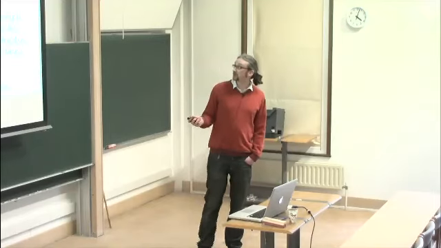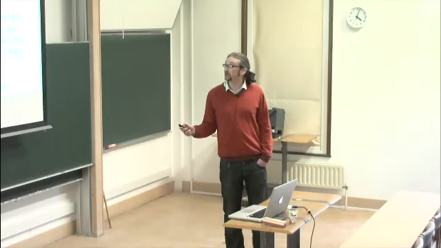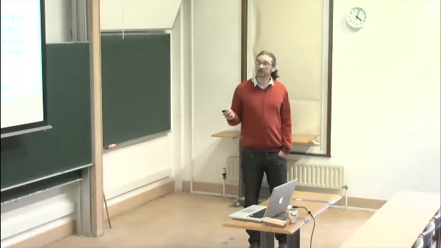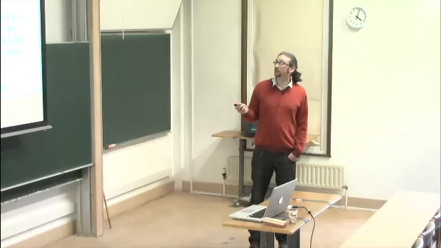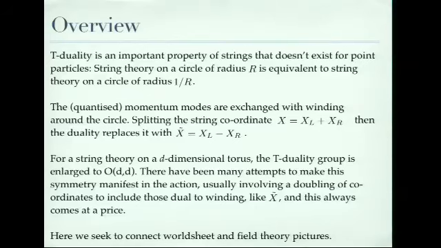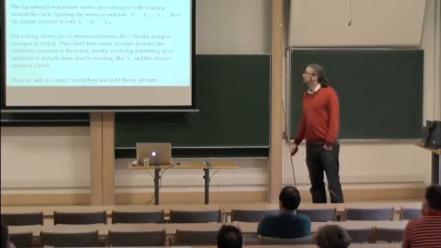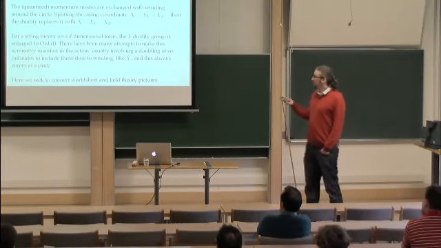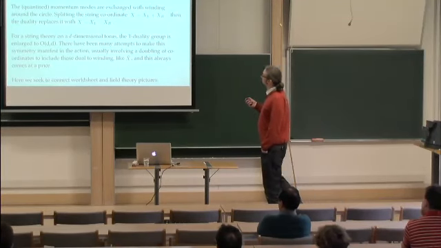So quantized momentum modes are exchanged with the winding modes under this T-duality. And if we split the string coordinate into left and right moving pieces, then the T-duality changes the sign of the right moving part, but not the left moving. So if we define a dual coordinate x tilde by the left moving part minus the right moving part, then the T-duality will interchange x and x tilde. So this is for one compact circular dimension of constant radius.